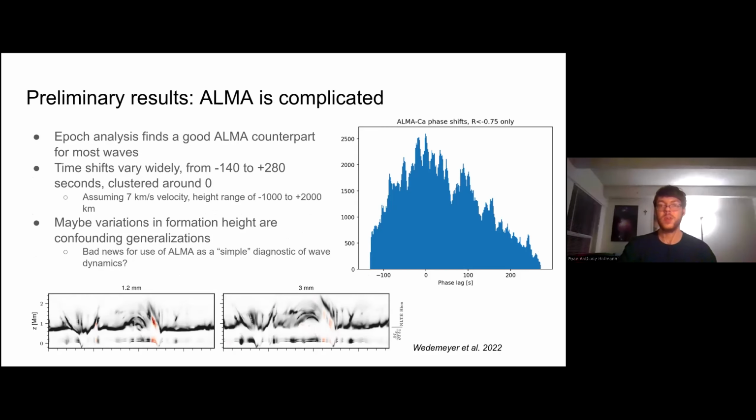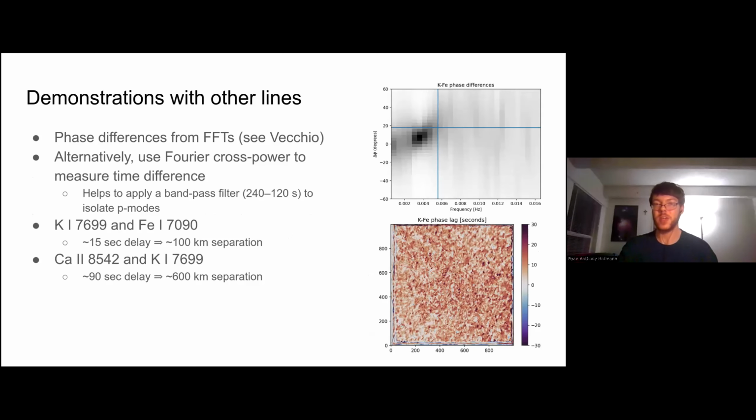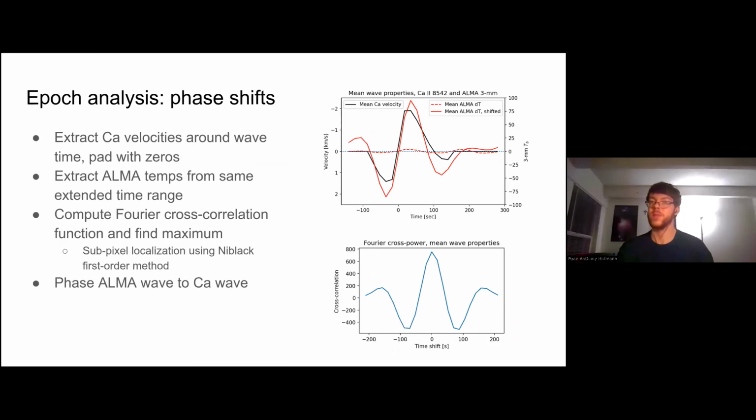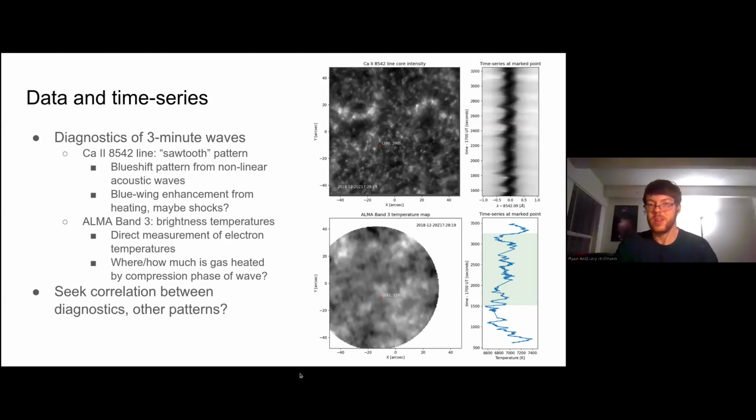So the limiting factor there really is the resolution. And for these observations, the reconstructed beam size of the ALMA is about an arc second, give or take, which is similar to the granule size on the sun.